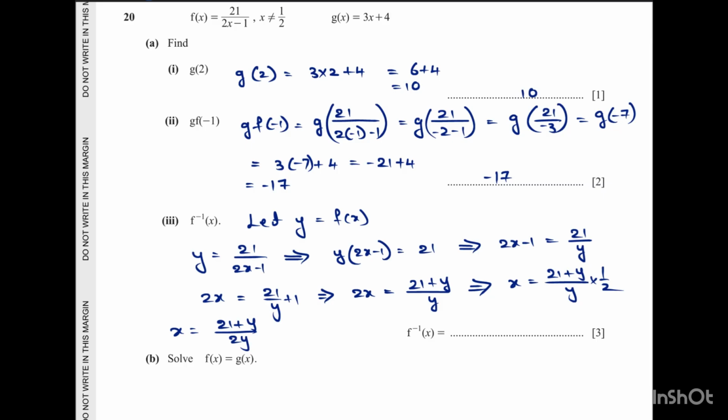So when you get everything in terms of x, now you can write f inverse of x will be 21 plus x. Now write in place of y everything as x. So this is the inverse function of x, inverse f function of x. This is done. Question B now.